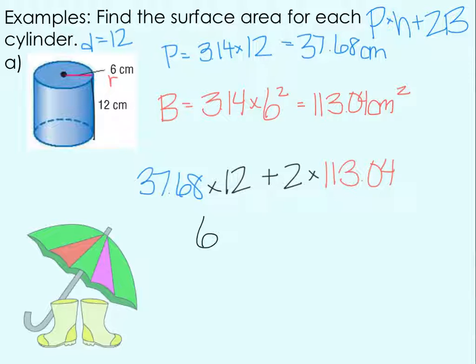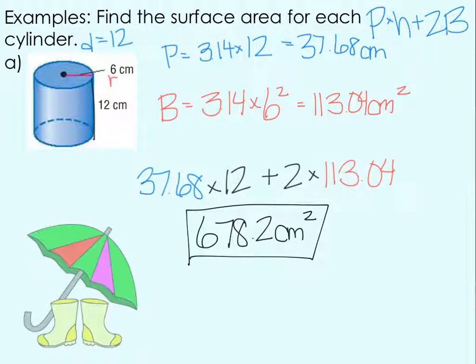So you should have 678.2. Label centimeters because it's area squared. This would be the area, surface area I should say, of this cylinder. If you have questions, help each other out so that way you can get this one right.